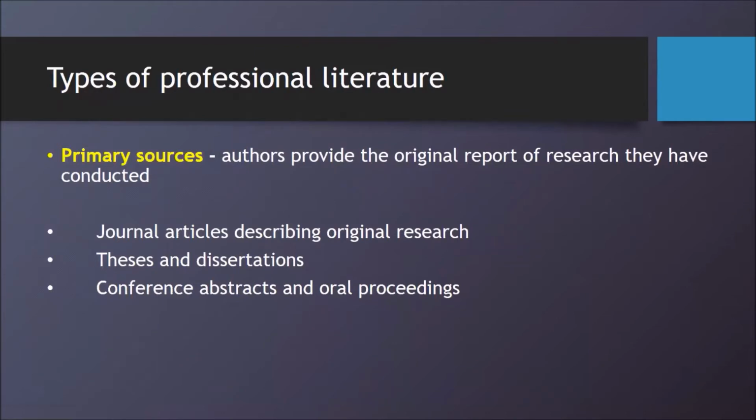On websites, you will see them as original research articles, unpublished theses and dissertations usually hosted by universities, and conference abstracts or oral proceedings, which you may learn about in a conference.